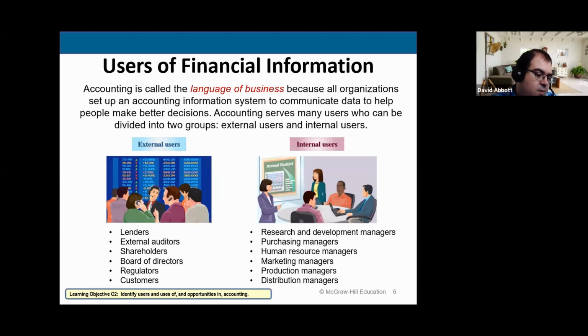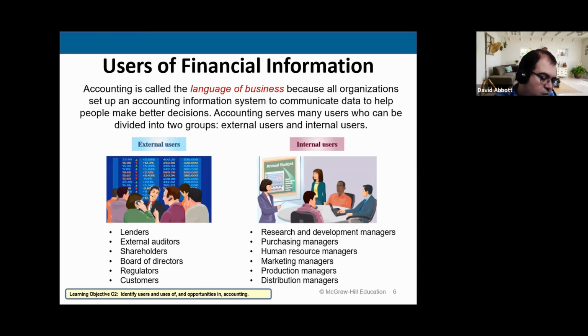For example, if you're thinking about investing in stock, you would want to look at the financial reports of the company to find out if they're making money and whether you'd want to make that investment. Or if you're doing business with them, you'd figure that out. Or maybe you're a loan officer at a bank, and you're going to want to find out how that company is performing.